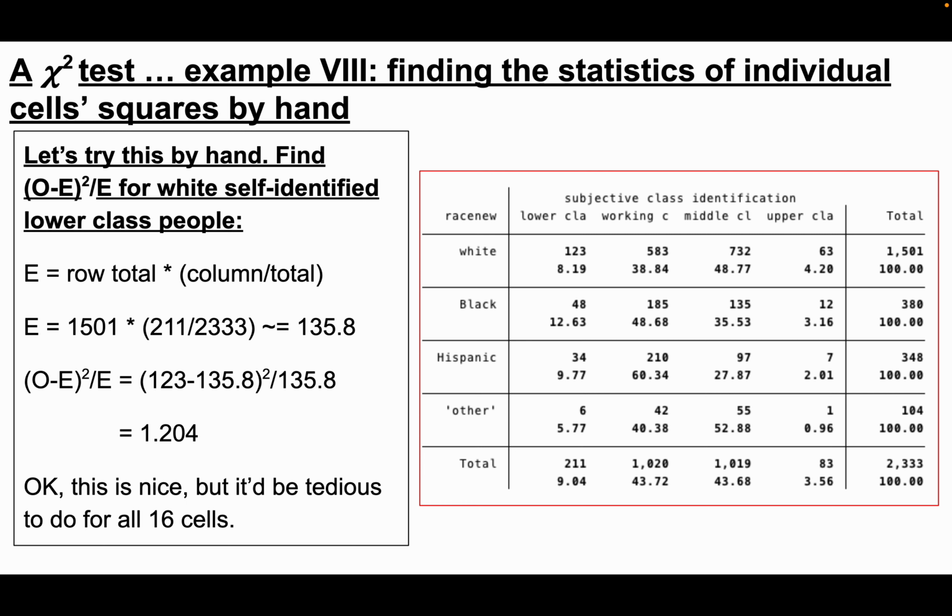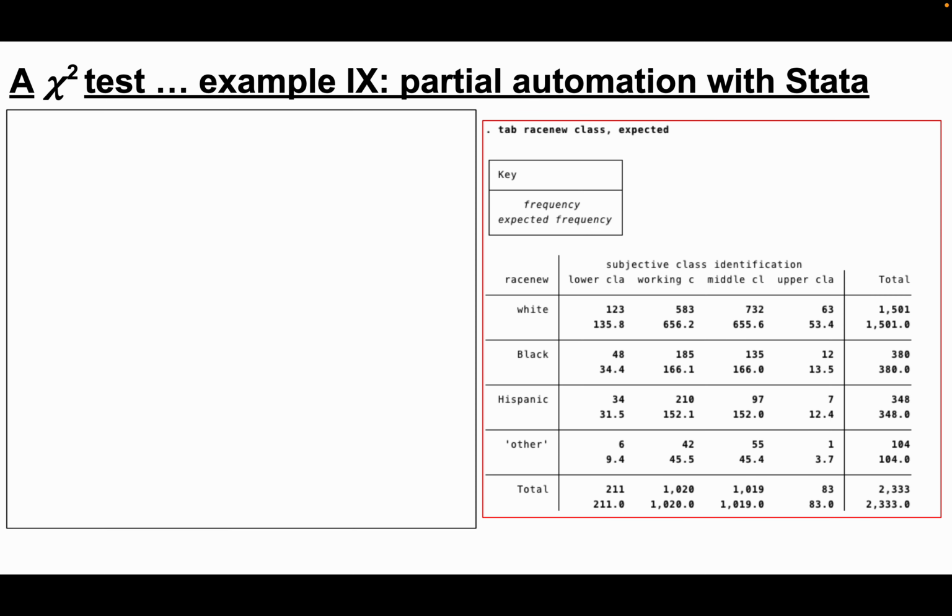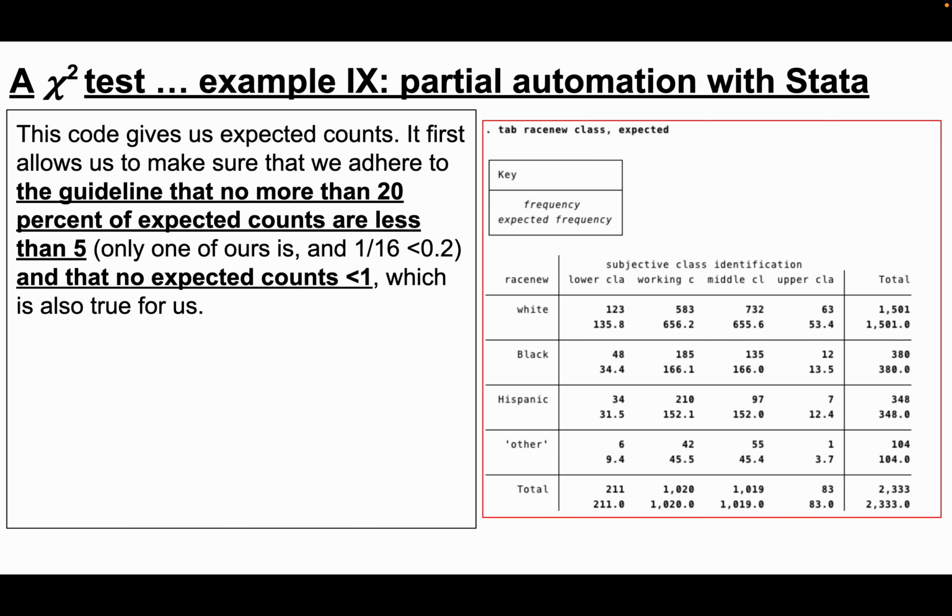This is nice, but it'd be tedious to do it for all 16 cells. So Stata will actually do that for us. This code here, tab var1, var2, expected, gives the expected frequencies. What it does, and you should do this even though you don't strictly speaking have to in order to run the chi-square test, is allow us to check that we adhere to the guideline that no more than 20% of expected counts are less than 5.